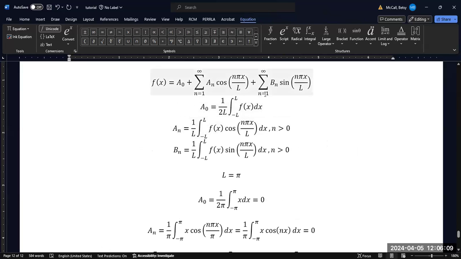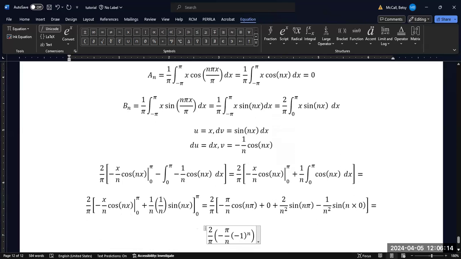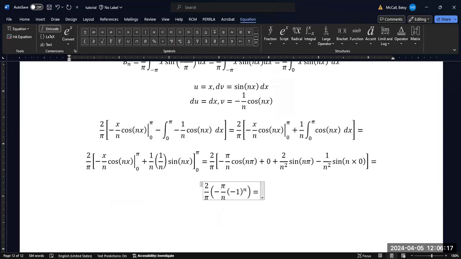If we go back up here, b sub n starts with n equals 1. So then I can combine this negative 1 to the n with this negative out front, and I can cancel my pi's, and I end up with 2 over n times negative 1 to the n plus 1. Because the pi's cancel, I'm left with n. This negative is absorbed here, and then I have the 2. And that's equal to my b sub n.